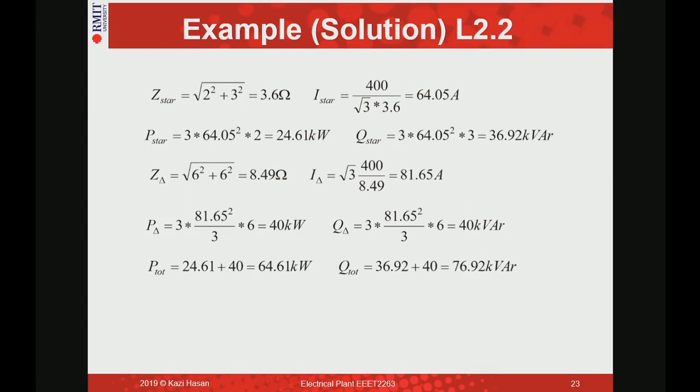So the total power consumed by these 2 loads is 64.61 kilowatt. The total reactive power consumed is just adding Q delta and Q star. That gives us 76.92. So that is the total power loss in the circuit.